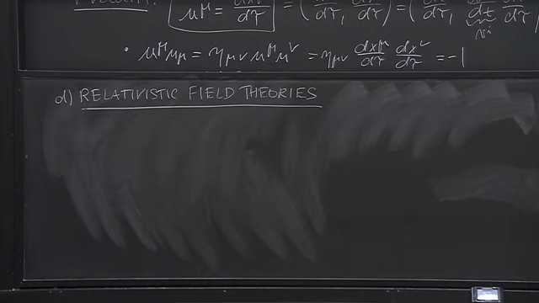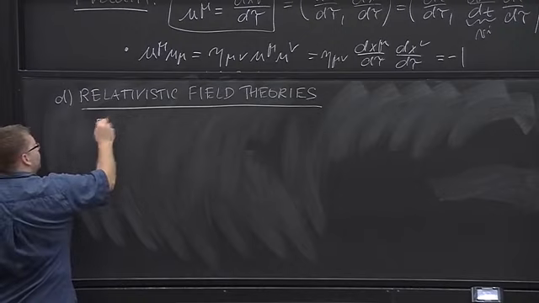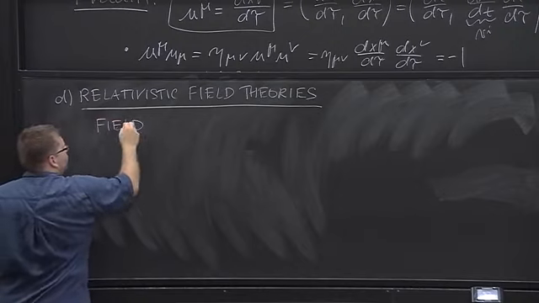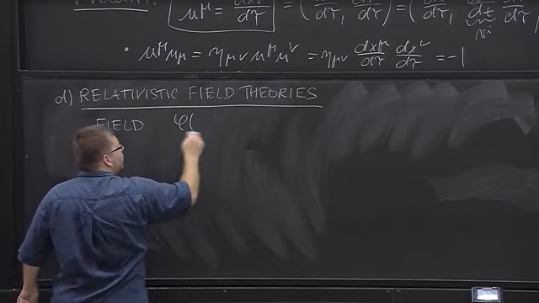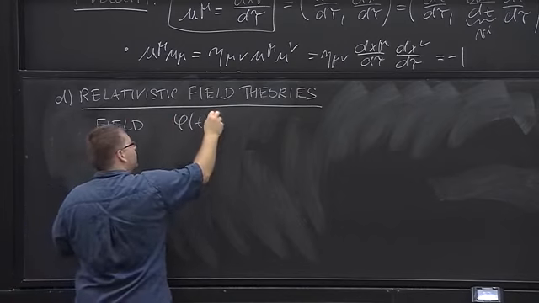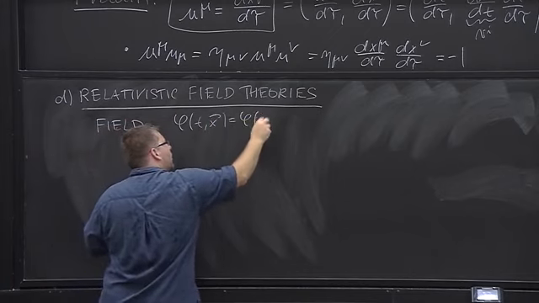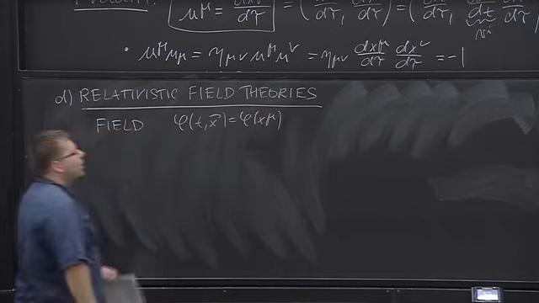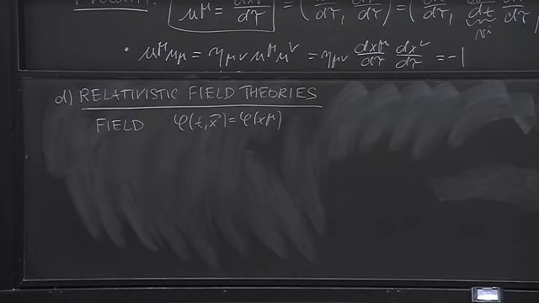So now we have the field phi, which lives in space-time, so t and x, or phi of x mu. And you are requiring that this field behaves nicely under Lorentz transformations so that the action behaves nicely under the Lorentz transformations.